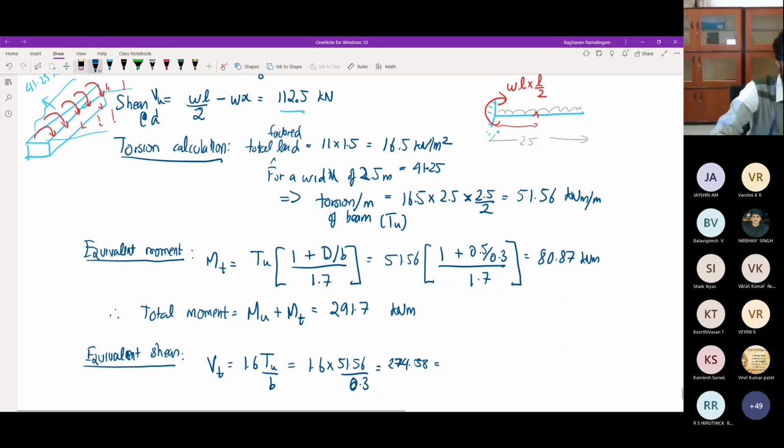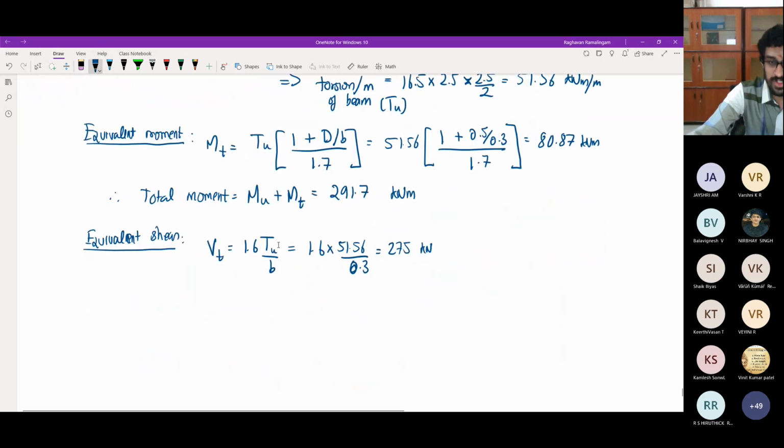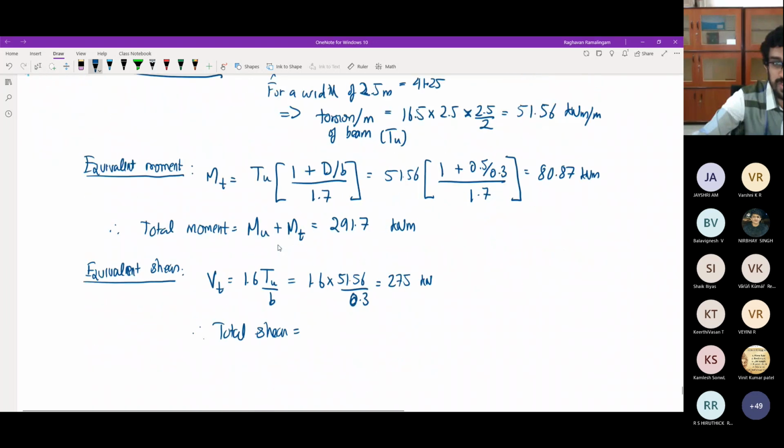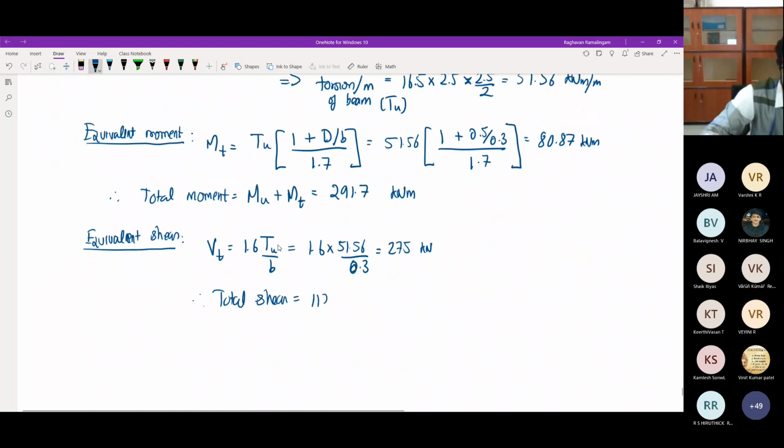Some 275. Let me just keep it as 275. This decimal point is not going to affect me in any way. So now my total shear equals the original shear, 112.5, plus 275. So this is 380.